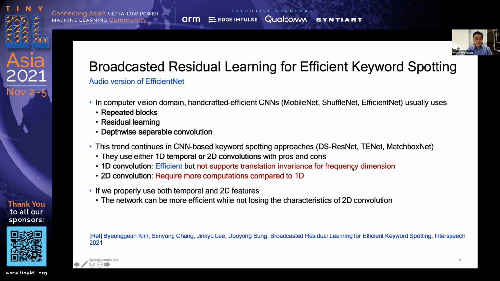That is a problem, because if the sound's frequency is shifted upper or lower, it treats it differently. 2D convolution can solve the problem, but it requires more computation compared to 1D. So if there is a good hybrid approach that gets both of these good factors, then there can be a solution.